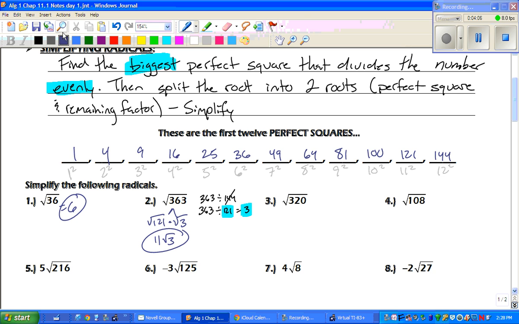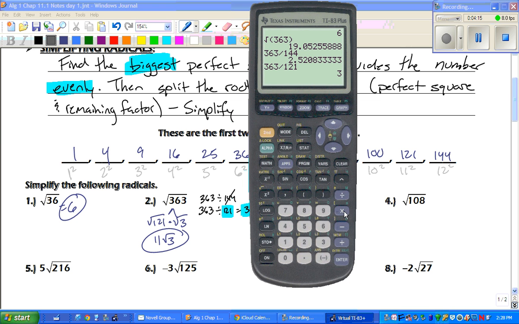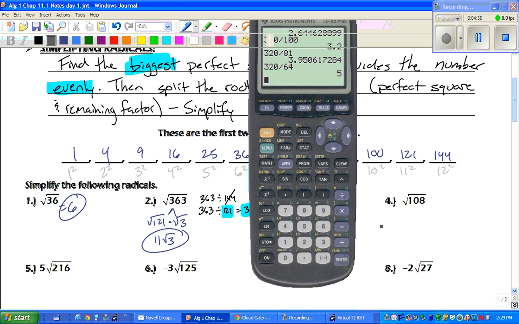Okay, so let's try again with 320. 320 is not on my list, so we're going to start with 320 divided by 144. No. So now 121. No. 100. No. 81. No. 64. Yay.